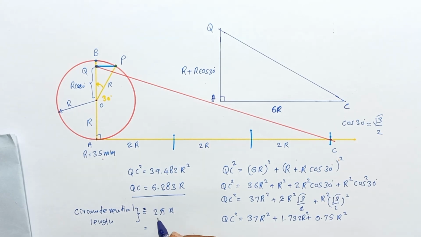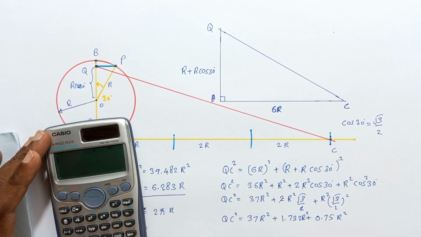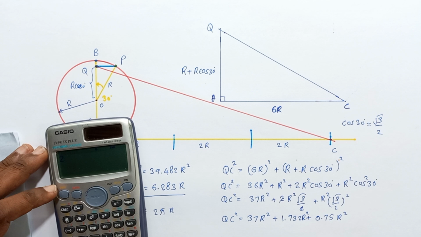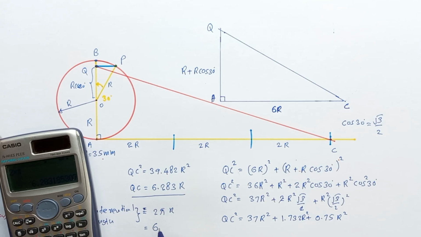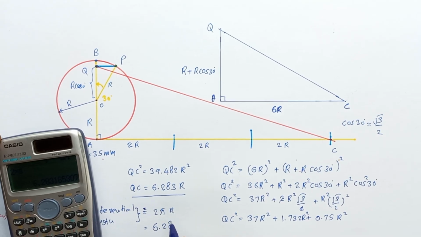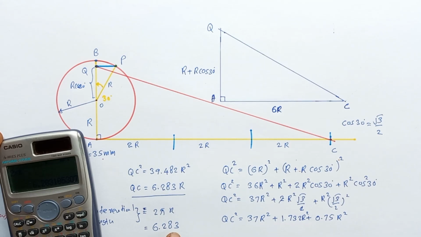If you take 2 into π, it is equal to 6.283. If you round it to 3 decimal places, that is equal to 6.283 into r.